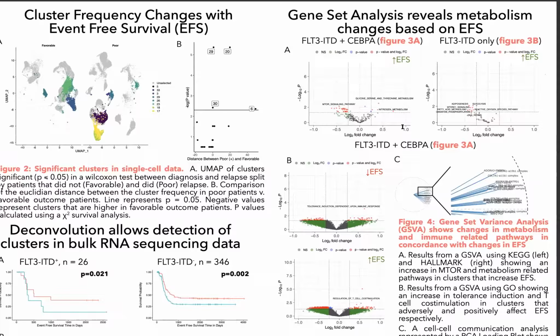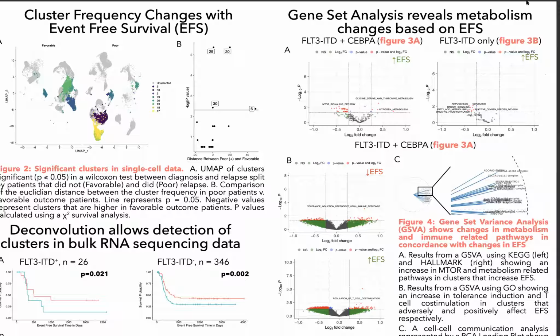So then we wanted to see what makes these clusters special. We first looked in the FLT3-ITD and CEBPA clusters, and we saw that in a cluster that increases event-free survival, mTOR signaling pathways decreased, and glycine, serine, and threonine, and nitrogen metabolism are both increased.